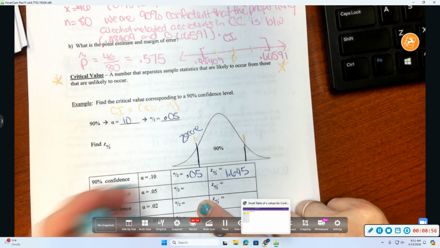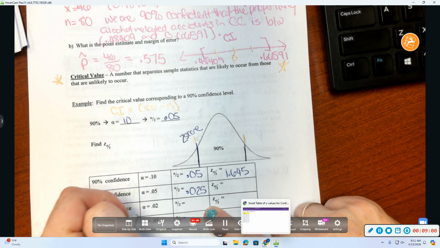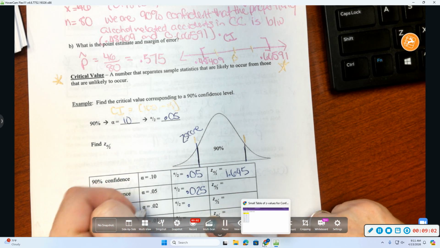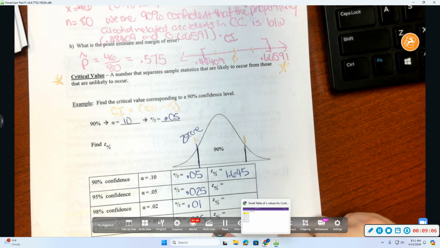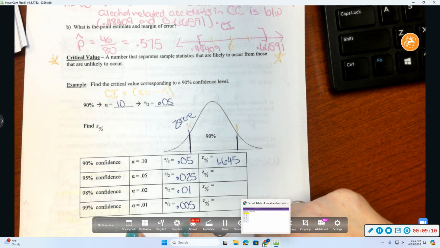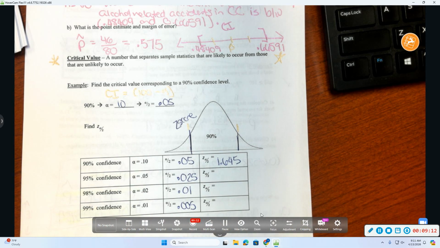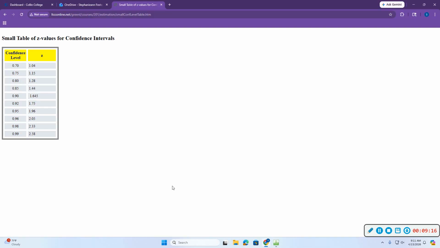Also, these are very common numbers that you'll see almost anywhere. Our alpha divided by 2 here is 0.025, 0.01, 0.005. We're just taking our alpha value and dividing it by 2. Now, there's actually a table of these, and these might be on your formula chart, but we'll look at it next time.